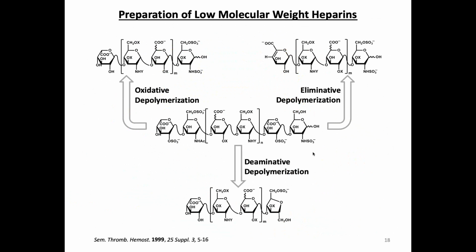And if you get a new structure, you have intellectual property. So now you can make money, right? As simple as that. So basically, we are generating low molecular weight heparins, but the low molecular weight heparins are now going to have different structures. So start paying close attention to what is happening in the field.